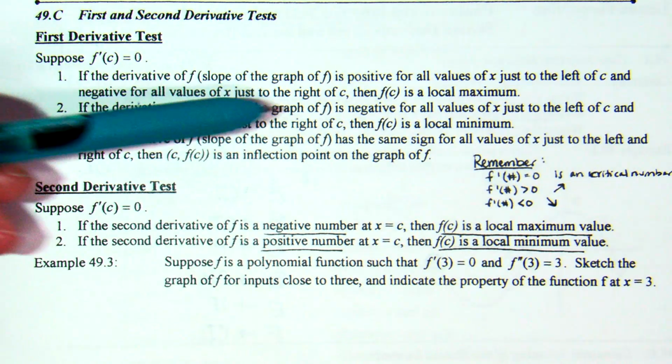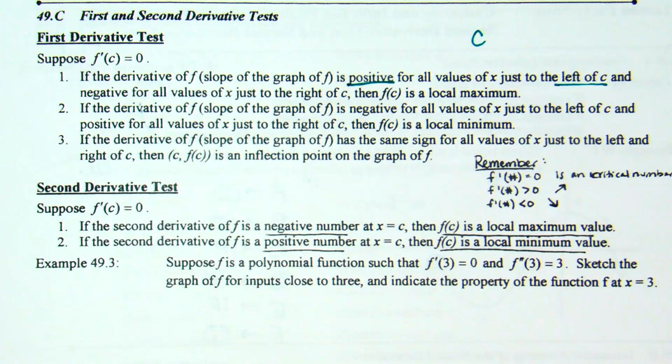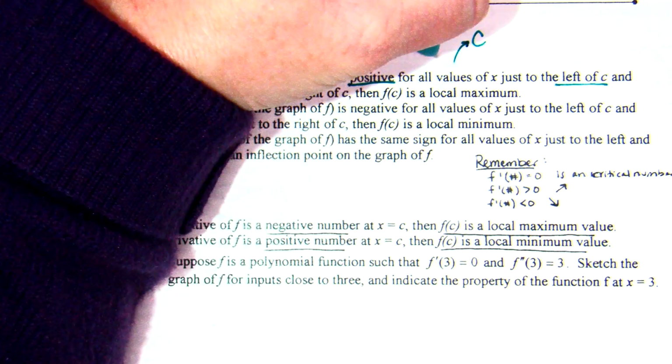If the derivative is positive for all values left of C. Okay, so think about, here's my visual for you. Here's C. If the derivative is positive to the left of C, what's that mean is happening to the graph left of C? It's increasing, yes? So to the left of C it is increasing.